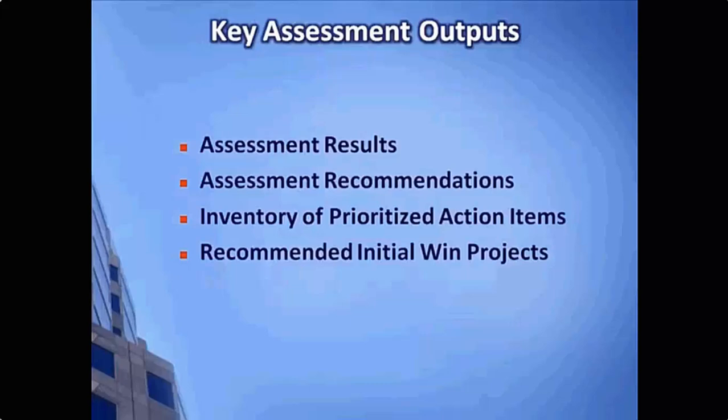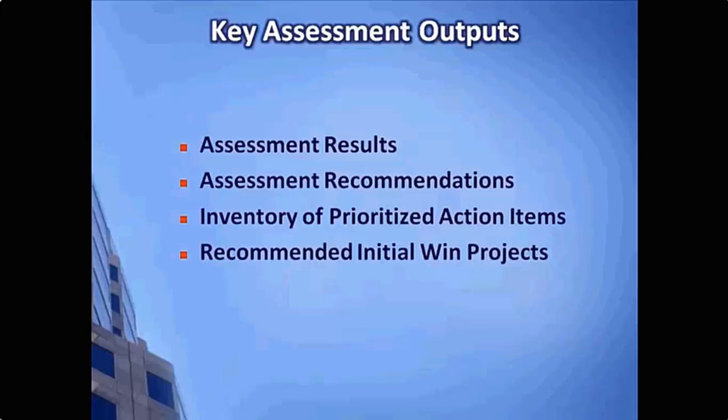Again, here's our key assessment outputs: assessment results, recommendations, inventory of prioritized action items, and our recommended initial win projects. The assessment results will identify what gaps exist between our current and future state. They also provide a benchmark between our current state and IT service management good practices. Again, this is where the maturity levels tend to fall.